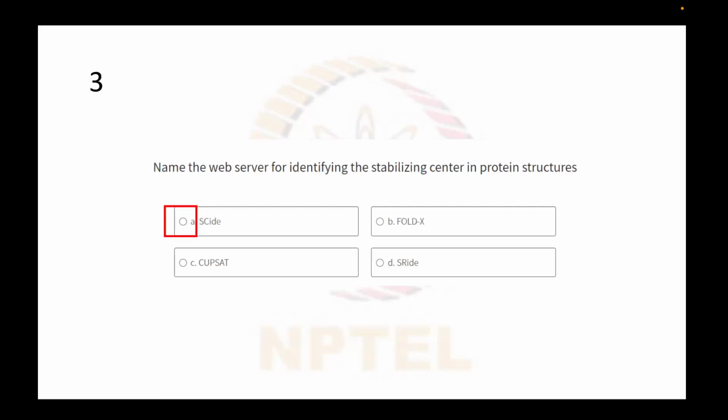So SCide is the one that is used for identifying the stabilizing center. SCide is a program to identify stabilizing centers from known protein structures.